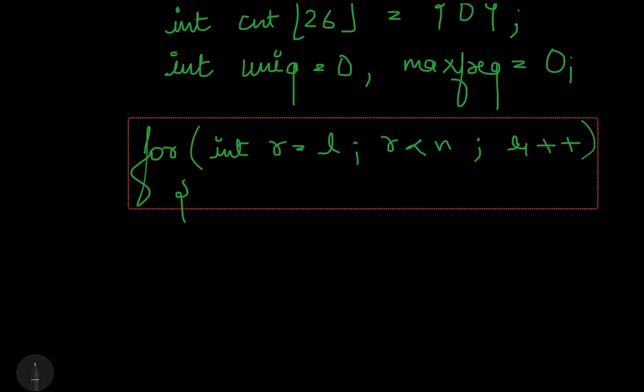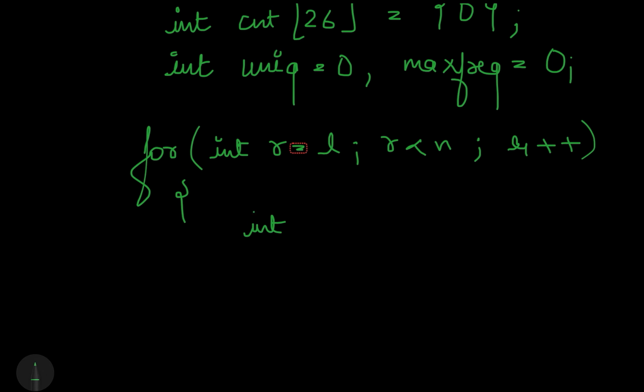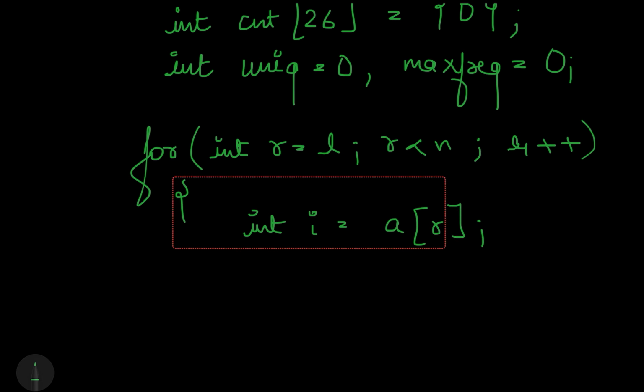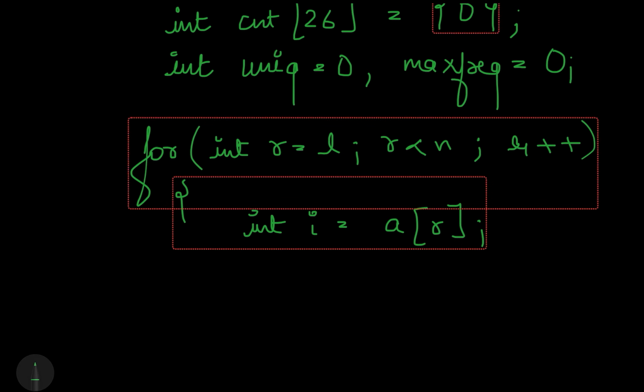Here we'll set I equal to A of R, from the vector we had defined.